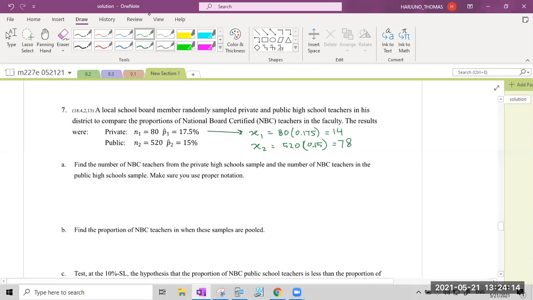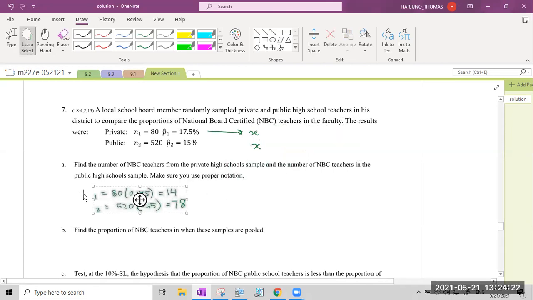Okay, so that's what we have here. Actually, I happen to answer it here. Now find the proportion of NBC, National Board Certified Teachers in the faculty.